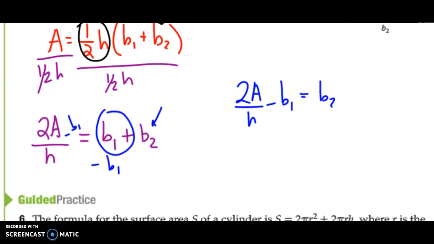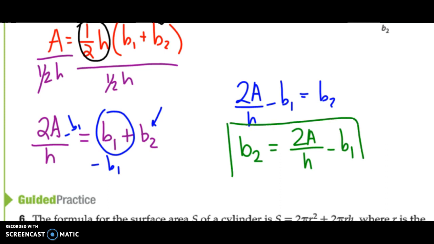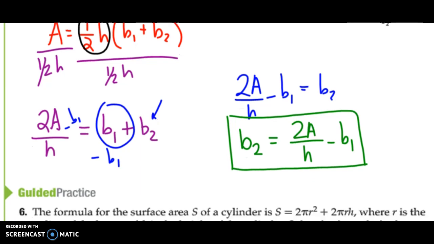So, based on the symmetric property, I can just rewrite it. The symmetric property says that if you write it out one way, it can be written the other way and still be correct. So b2 is equal to 2A over h minus b1.